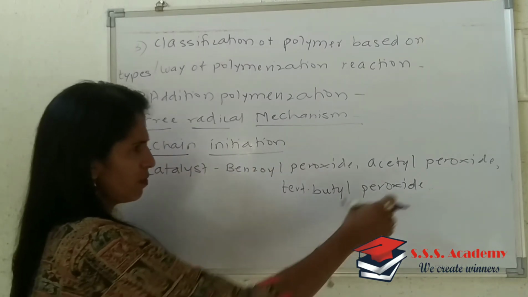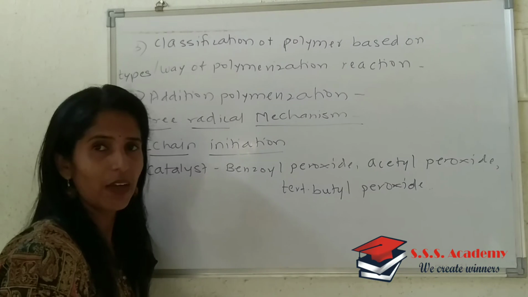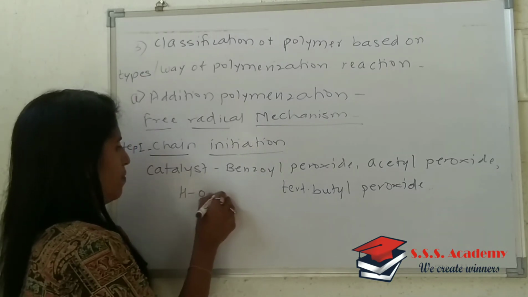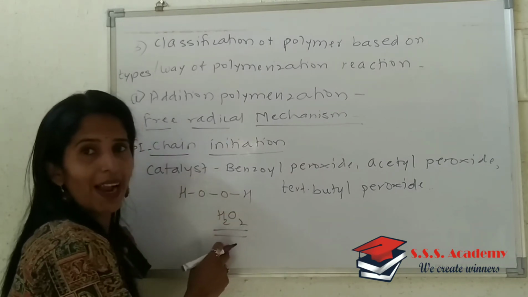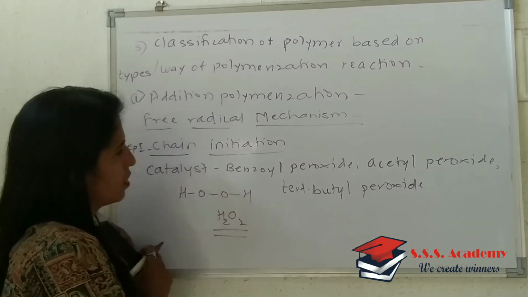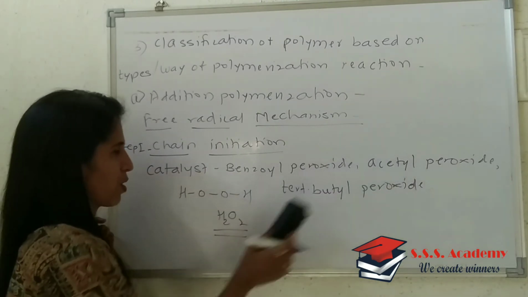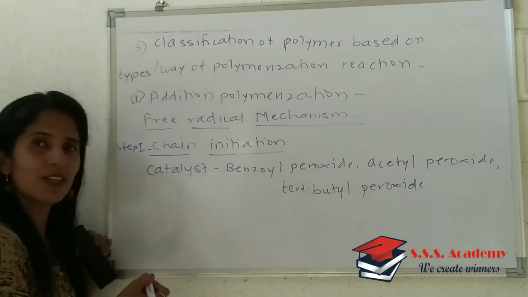As we know, peroxide, H2O2, is hydrogen peroxide. I have explained H2O2 to you earlier. We know this is a mild oxidizing agent. The same peroxide is there, with two oxygens, but the structure is like this. What is an acetyl group?